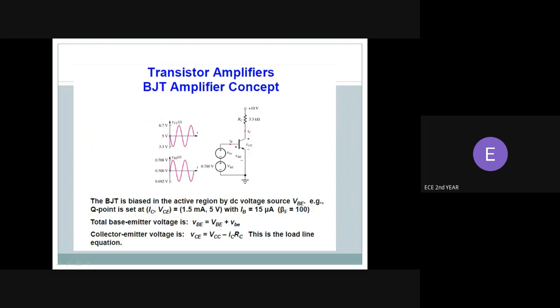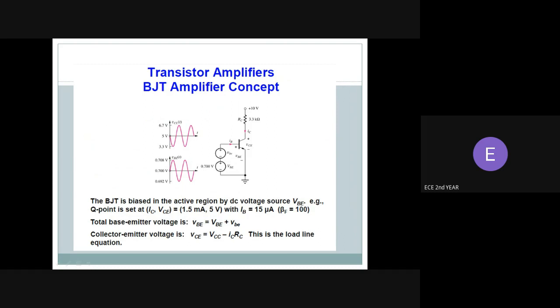We can see that in those regions, the output collector current is constant for unchanged input base current. When no input signal is given, the voltage at the collector, the Q point voltage, is received as the output signal. If the Q point is near the saturation region, current rises rapidly.